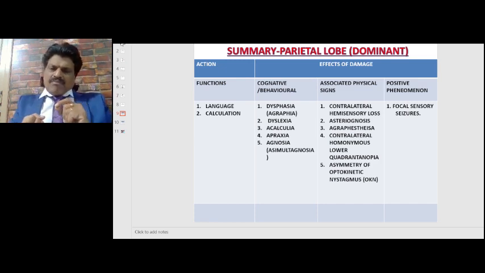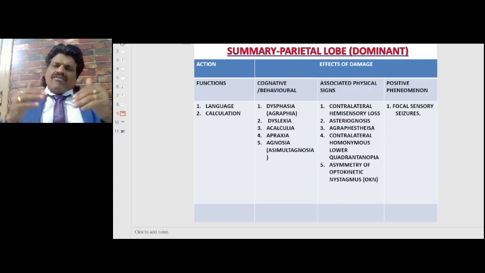As I said, they can cause agraphia, they can cause dyslexia or alexia because of the involvement of the angular gyrus, acalculia, they'll have apraxias, especially ideomotor apraxia, they can have agnosia, asimultagnosia, that is, they cannot integrate the center of the vision with the peripheral of the vision, especially when the occipito-parietal connections are affected.